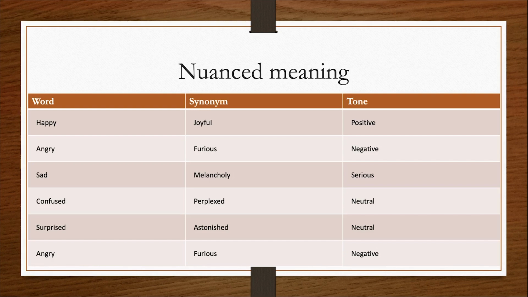So obviously that's not a very pleasant situation she is in. Sad, the synonym melancholy gives a serious tone. Whereas confused, perplexed, is a neutral tone, neither positive nor negative. Surprised, astonished, again kind of positive, but primarily a neutral tone. Angry, furious, again negative.